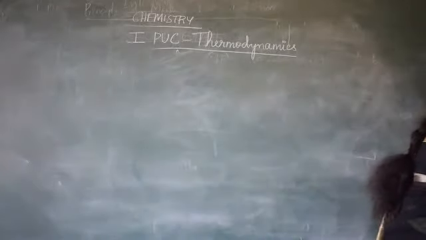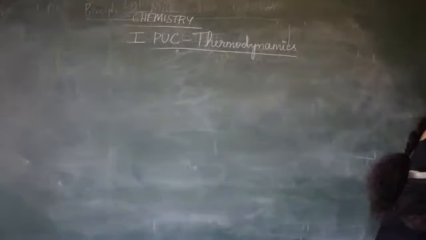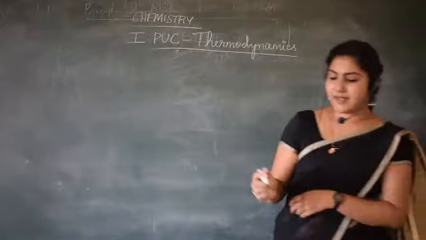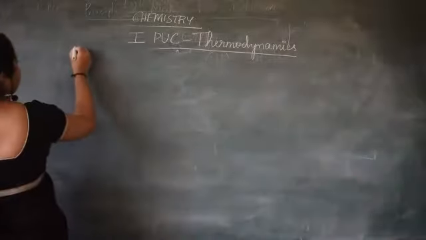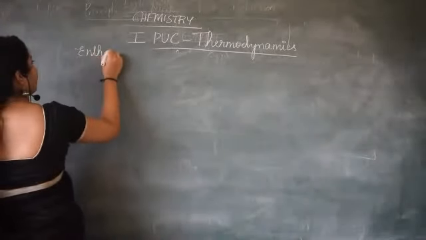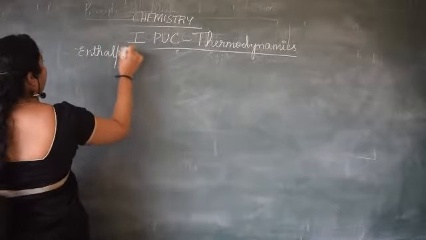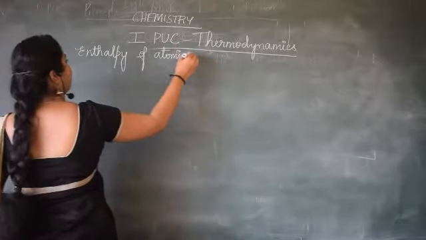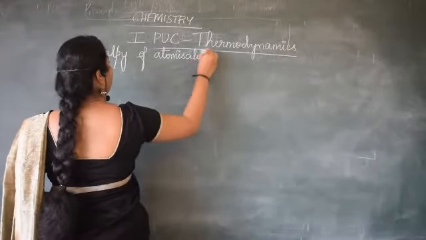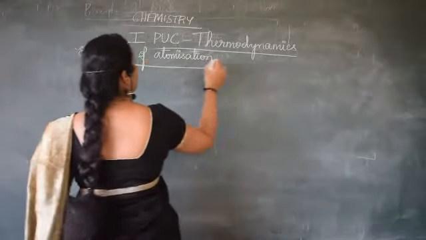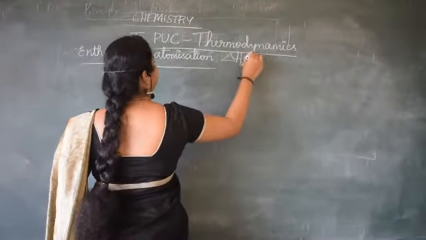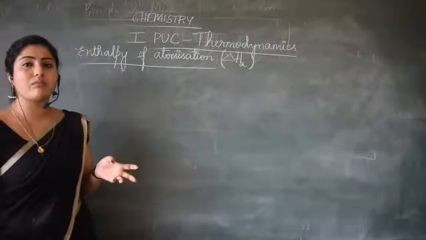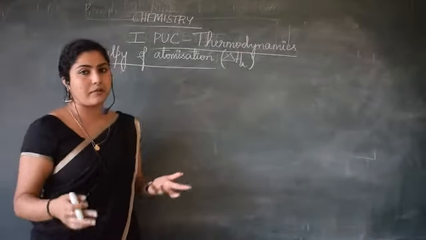Next we will see other definitions of enthalpy, that is enthalpy of atomization, which is given as delta H of A. Atomization means the process in which the bonds are broken and atoms are formed.